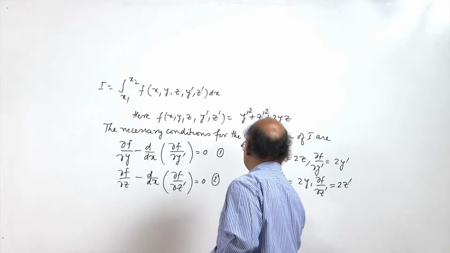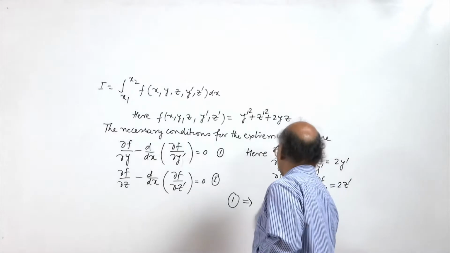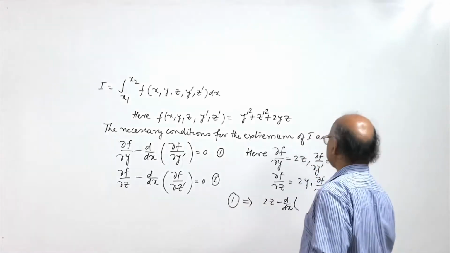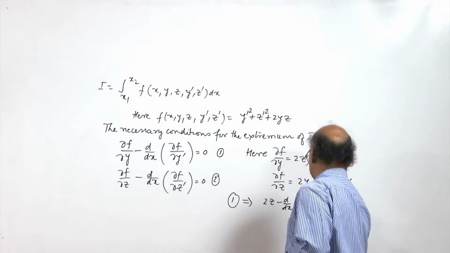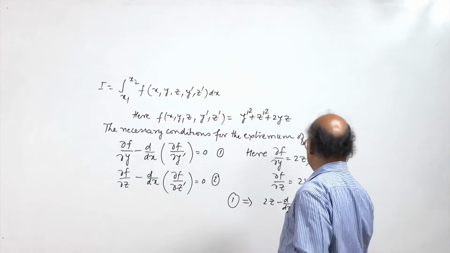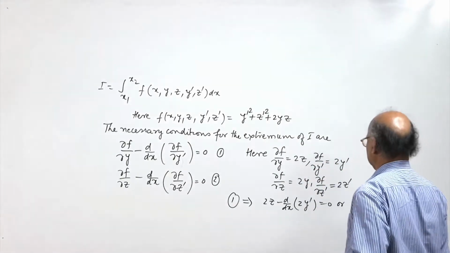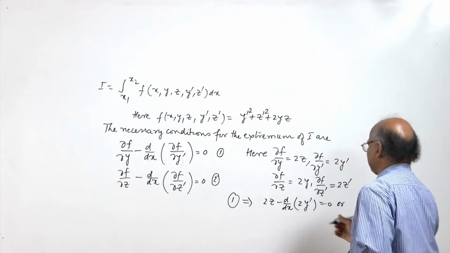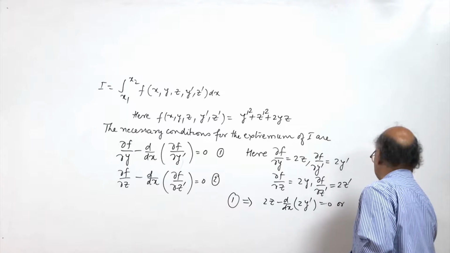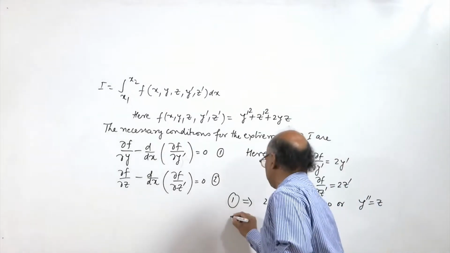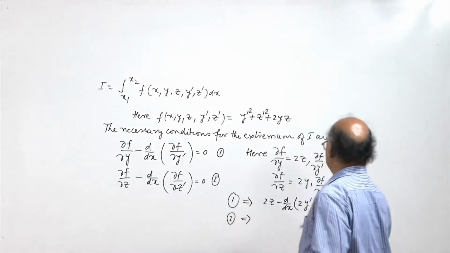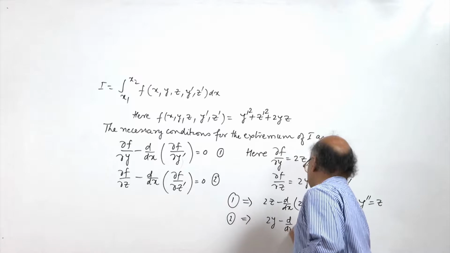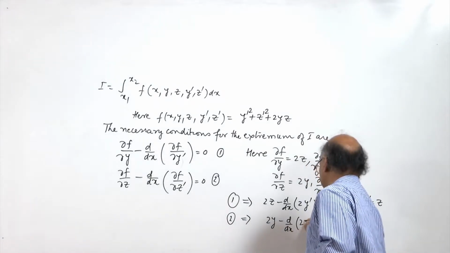Then 1 implies 2z minus d over dx of 2y dash is equal to 0, or d of y dash over dx becomes y double dash, 2 we can cancel, so y double dash is equal to z. 2 gives you 2y minus d over dx of 2z dash.